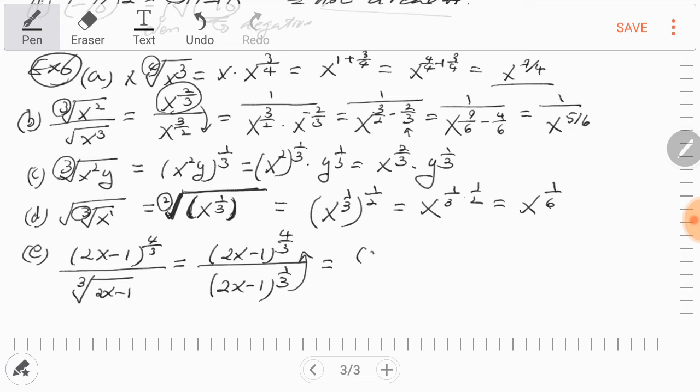Then 2x minus 1, the power is 4/3. Once we move this one, it becomes negative 1/3. So 2x minus 1. 4 minus 1 is 3. 3 over 3 is 1. So we have 2x minus 1. We don't need the parentheses.